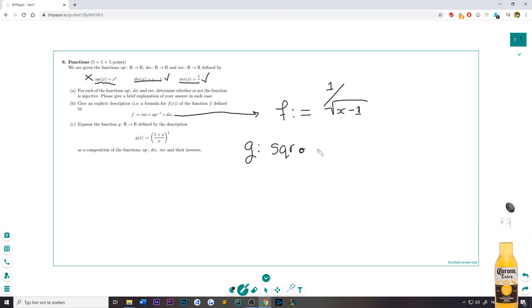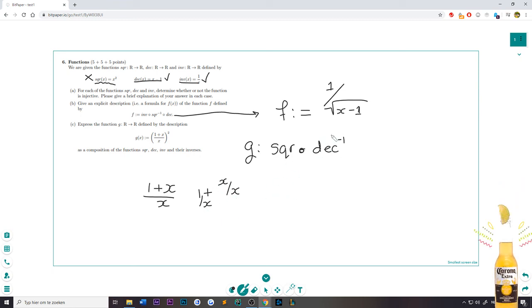I think, yeah, so then what we're left with, after doing the square root, is this here, right? But that's the same as 1 plus x over x, I think. 1 over x plus x over x, yes.